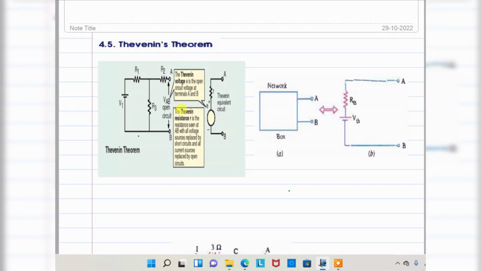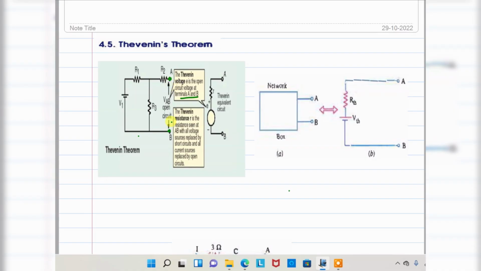So in this Thevenin's theorem, according to the statement of Thevenin's theorem, the Thevenin's voltage is calculated here. The Thevenin's voltage E is the open circuit voltage at the terminals A and B. So whenever you are calculating the voltage across the open circuit terminals, that means the load resistance may be open circuited.